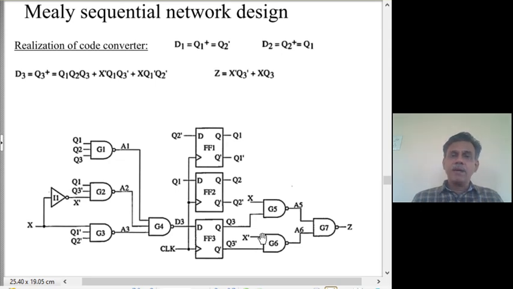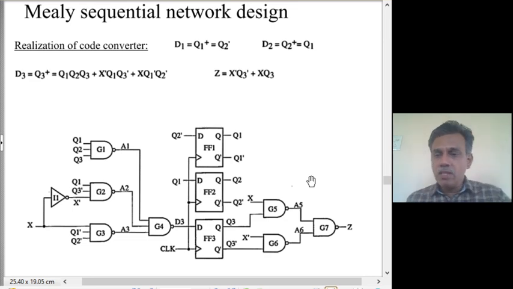Use the K-map based deduction method to come up with the equations for the next state variables, that is Q1 plus, Q2 plus, Q3 plus, and the output in terms of the present state Q1, Q2, Q3 and the input X. Once we have this, realize it using 2 parts: one is the sequential part, that is the state register, and the other is the combinational part. Then try to use the universal gates, namely an all NAND or all NOR based approach. With this we will stop at this point. Thank you.